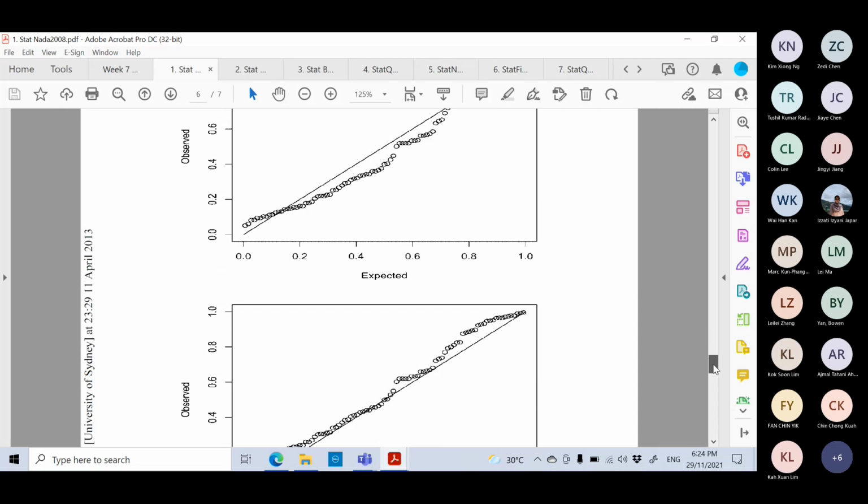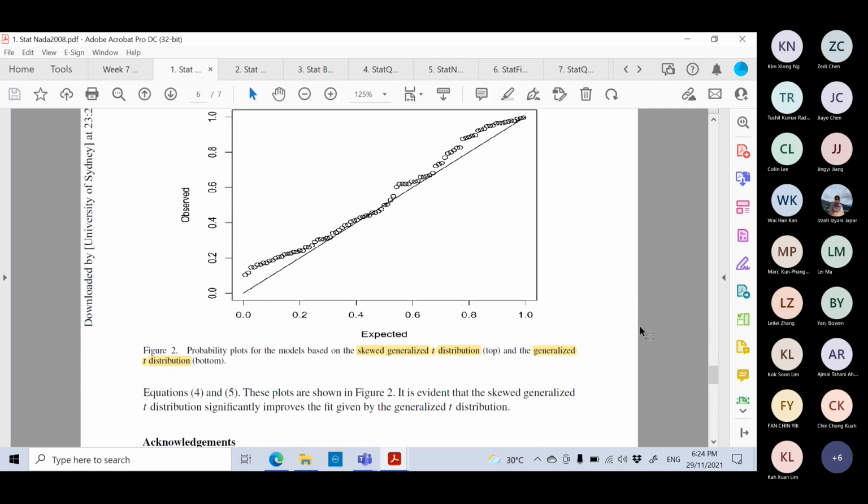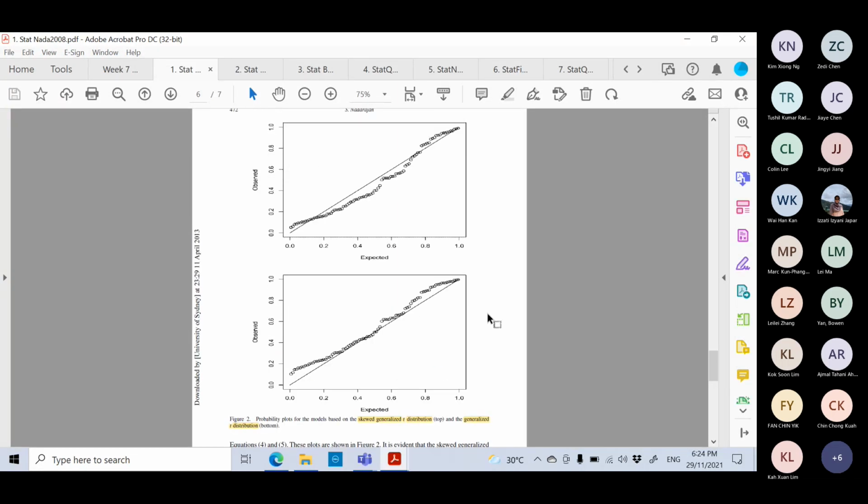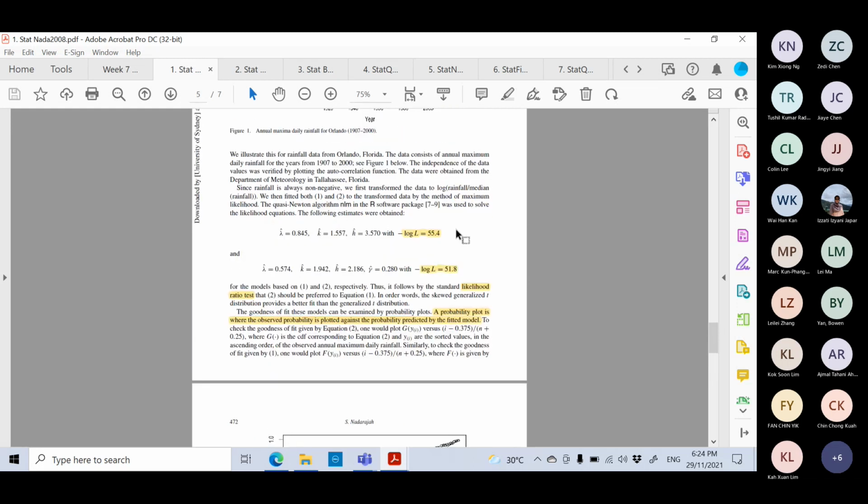These are the information given by this particular paper, where they justify how good their model is on the generalized T distribution. When you apply with an application, you need to have some measurement or performance measure to justify that the suggested methodology or model performs better.